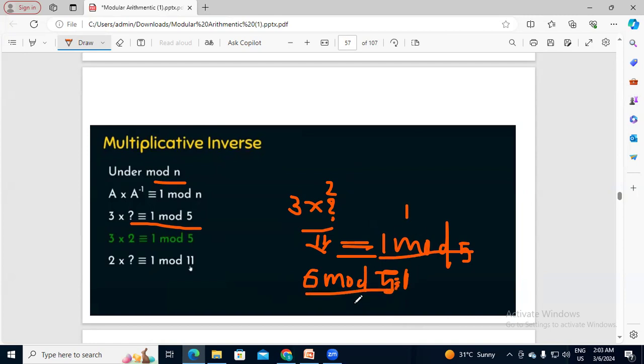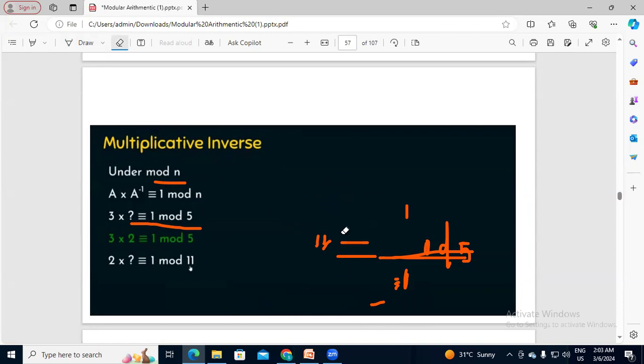So 6 mod 5 का रिजल्ट 1 है and 1 mod 5 का रिजल्ट भी 1. So can we say that they are congruent to each other? Yes. So in this case, what is that multiplying factor which will give you the result as 1, right? That multiplying factor is 2.